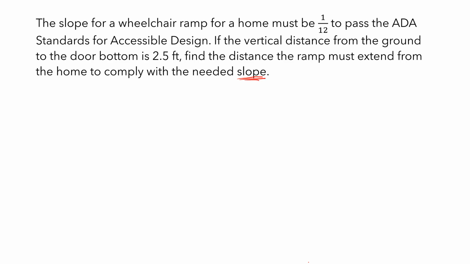So we know that the slope for the standard is 1 over 12 that needs to be satisfied, and we are given the distance. So let's say we are at a height from the ground.